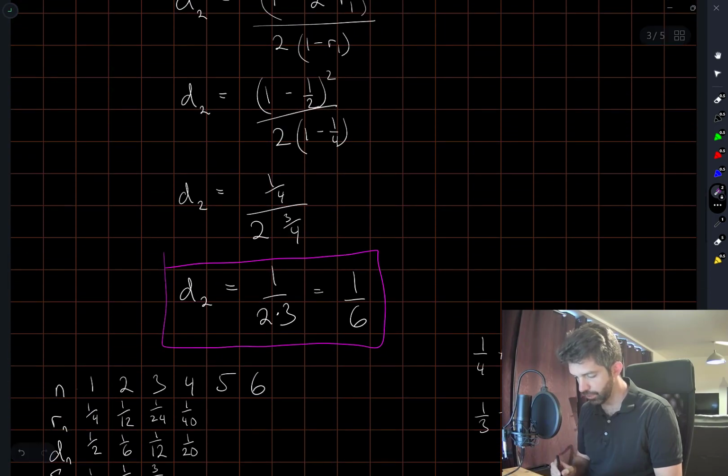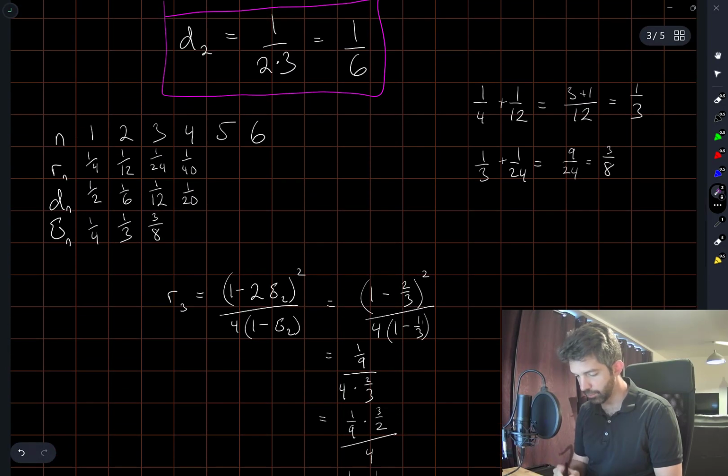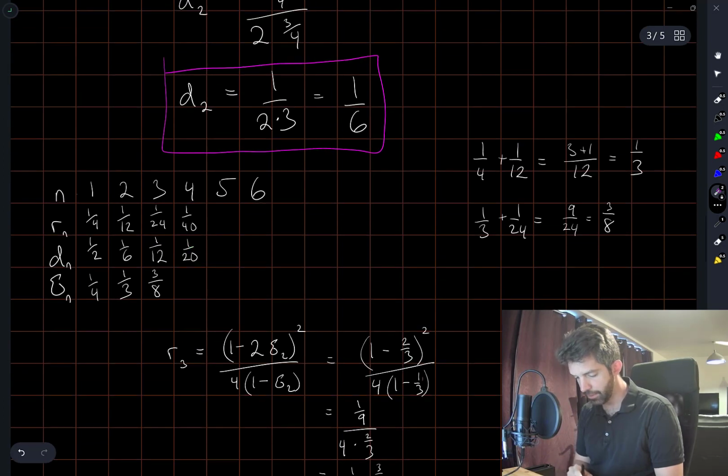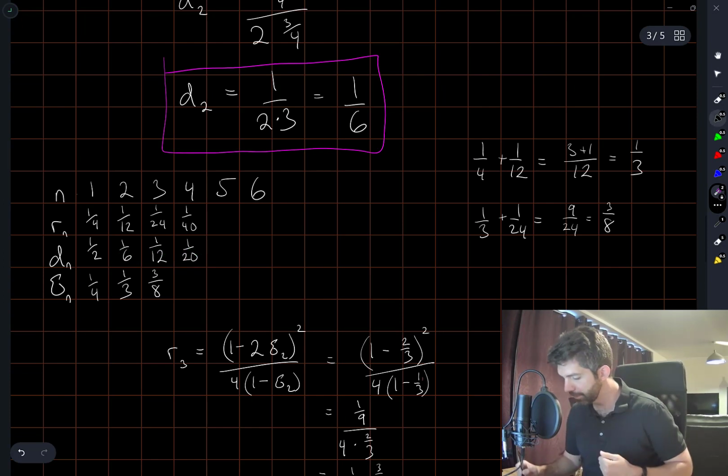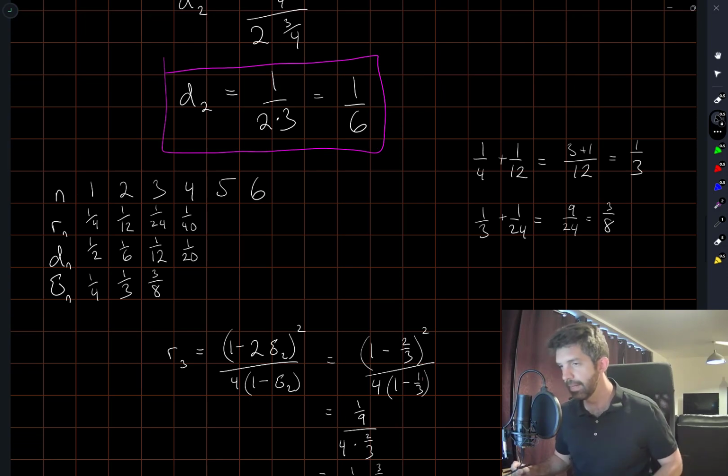D2 is equal to 1 over 6. D3 is equal to 1 over 12. D4 is equal to 1 over 20. The pattern here is Dn is equal to 1 over n times n plus 1. So this is 1 times 2, this is 2 times 3, 3 times 4, 4 times 5, and so on. So we see that this certainly holds at least for the first 4 circles.